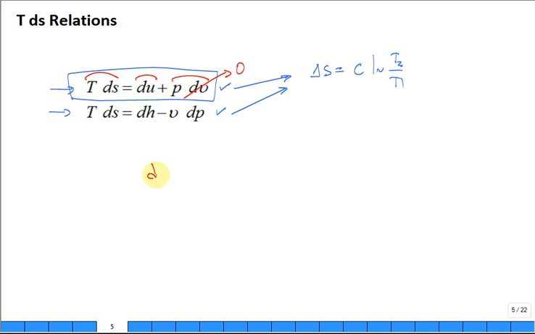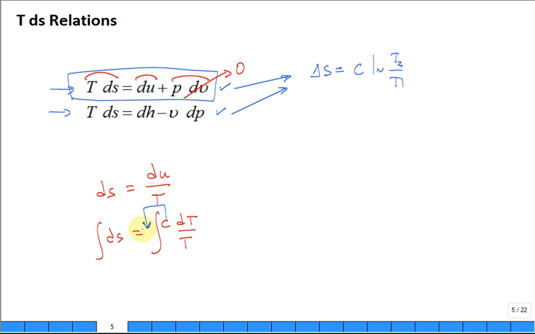So look at this. We have du is equal to T ds. True? Put the T over here. Maybe I should put it like this. ds is equal to du over T. For an incompressible substance, is du equal to c dT? Yeah? And now we say, hey, you know what? We can integrate and integrate. The constant typically comes outside.